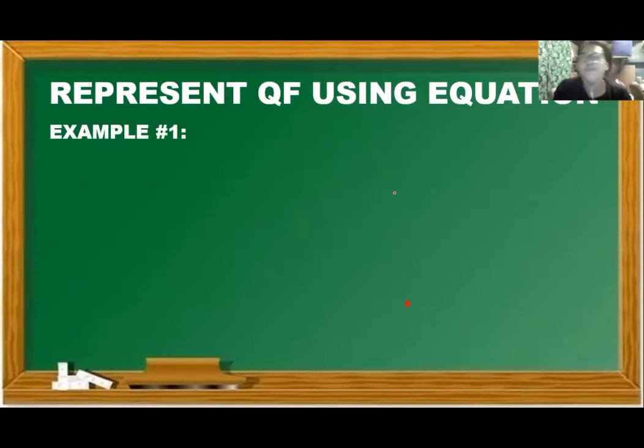So let's have first the example number 1. Here in example number 1, we have the expression x squared plus 9x is equal to negative 8. The first thing that we need to do is transform the expression into standard form. To do that, we are going to apply addition property of equality by adding positive 8 both sides to cancel out the right side, like this.